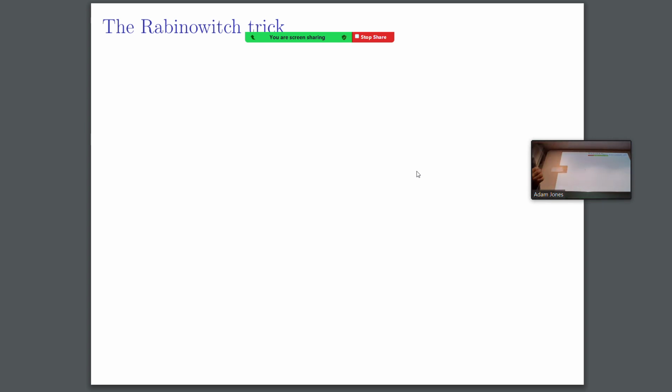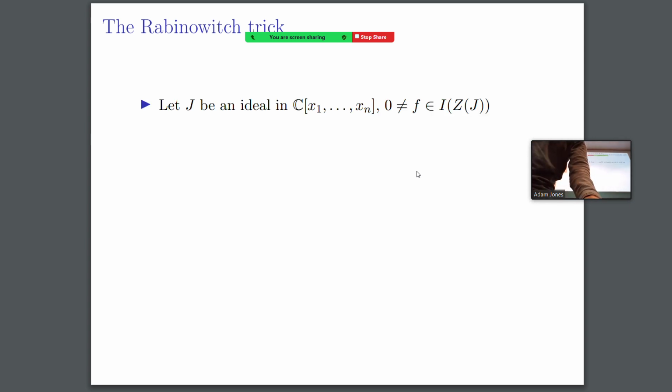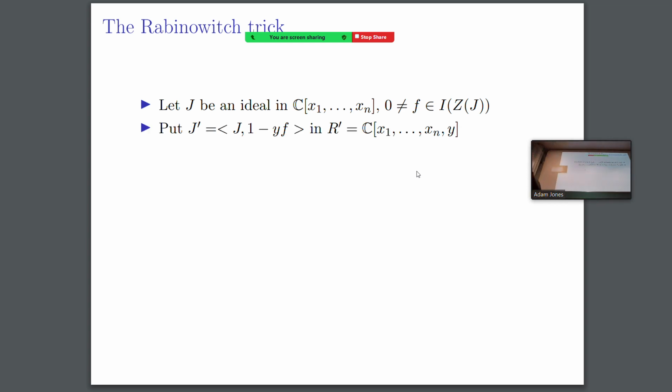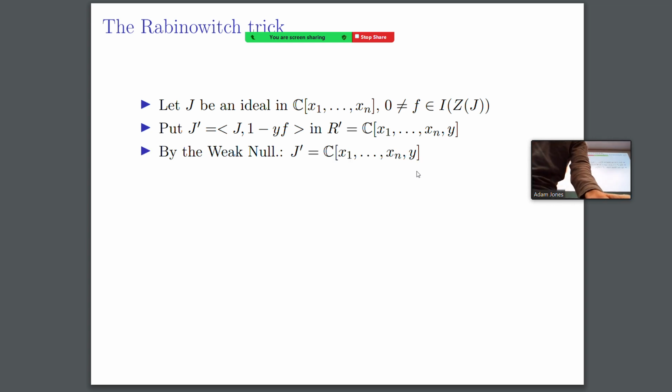I can do it in one slide, how to prove the strong version in the complex case. You take an ideal J, and you take a polynomial f vanishing at the zeros of this ideal, say non-zero, and then you extend one dimension higher. You look at the ideal J' generated by all elements in J, and 1 minus yf, where y is some extra variable that you introduce into the problem.